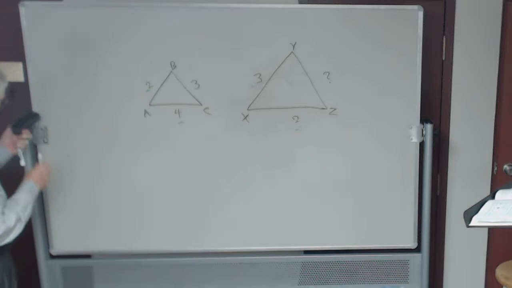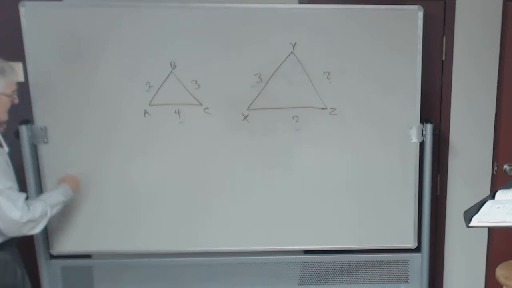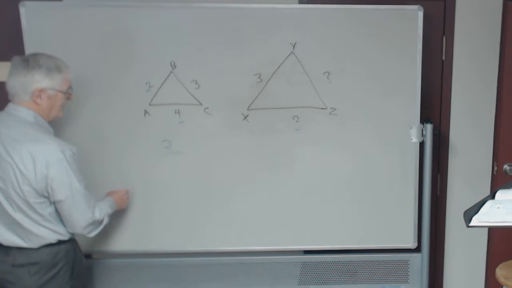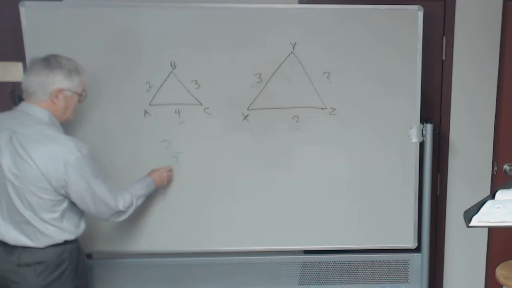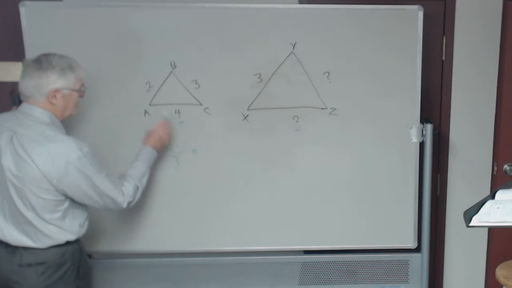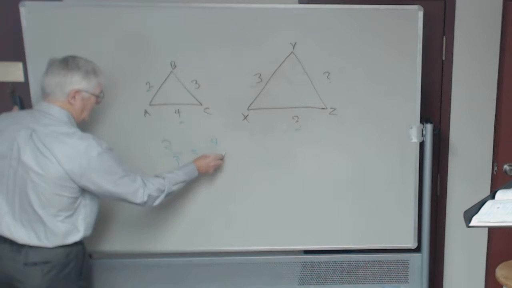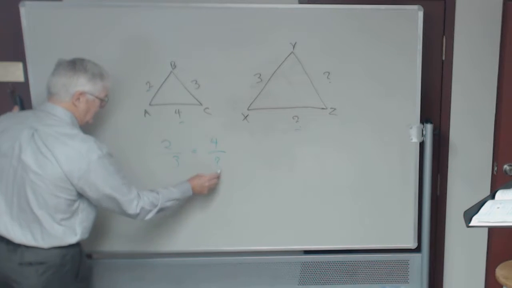So where's my proportion? 2 over 3 equals 4 over question mark.